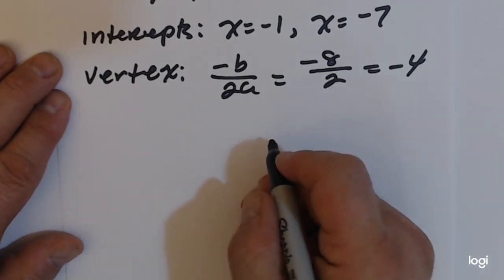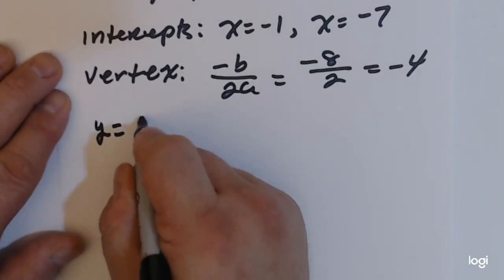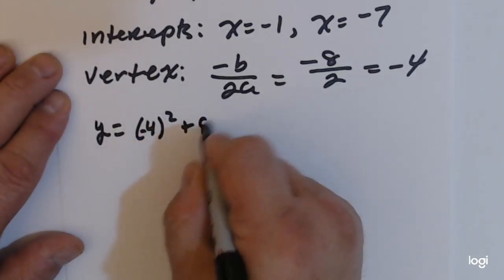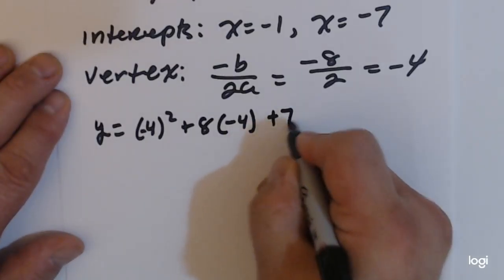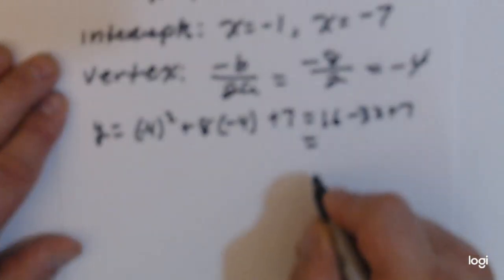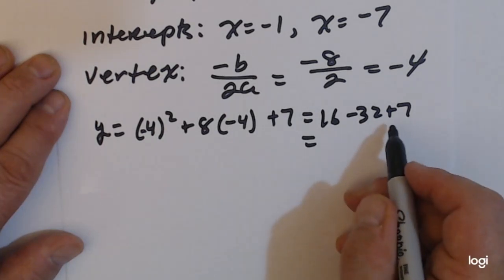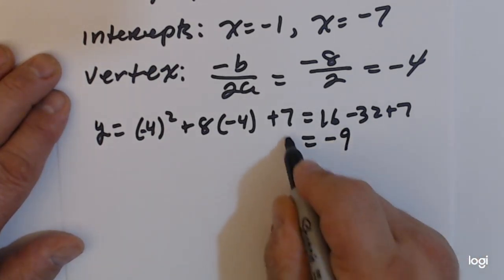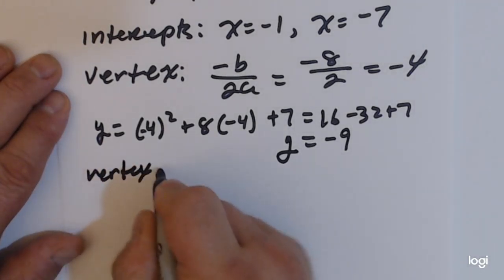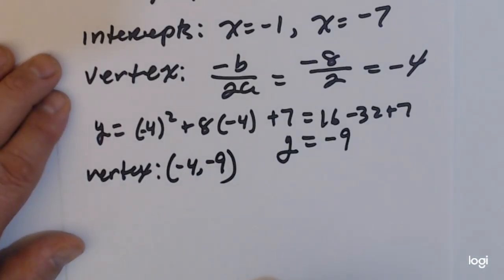And for the y value, y is going to be equal to negative 4 squared plus 8 times negative 4 plus 7, which is 16 minus 32 plus 7. And I believe, let's see, so negative 16 plus 7 is negative 9. So the vertex is negative 4, negative 9.